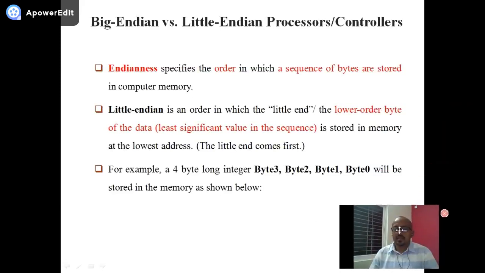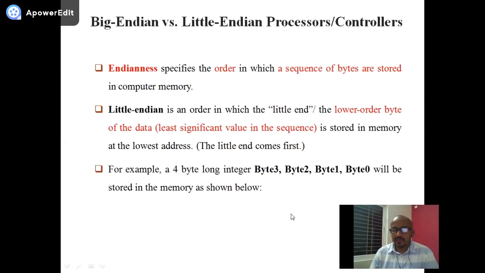One more thing we have to know about processors and controllers is the way they store data in memory. Endianness is the order in which the sequence of bytes is stored in computer memory.